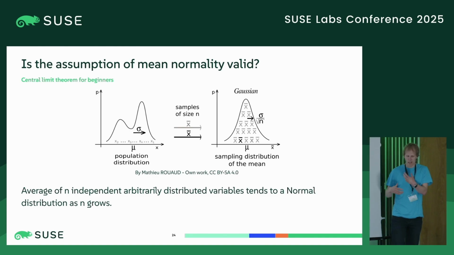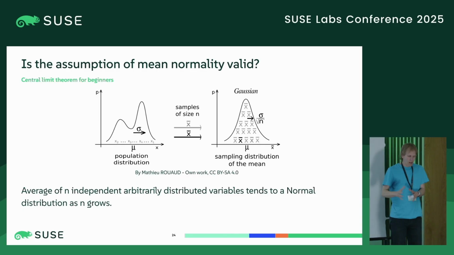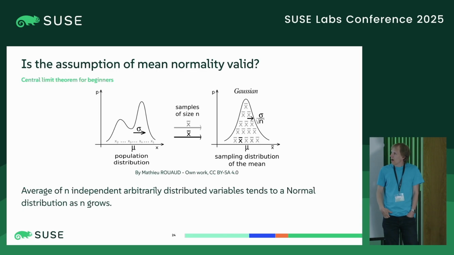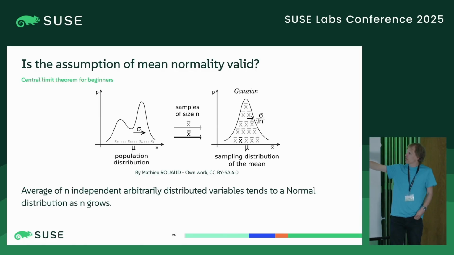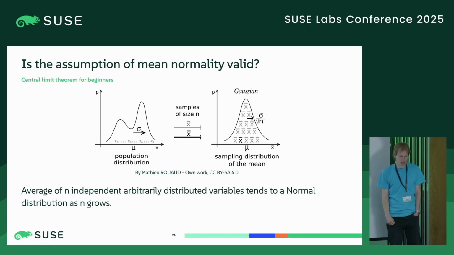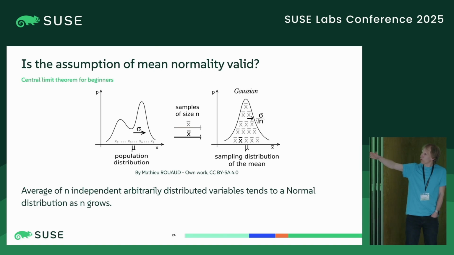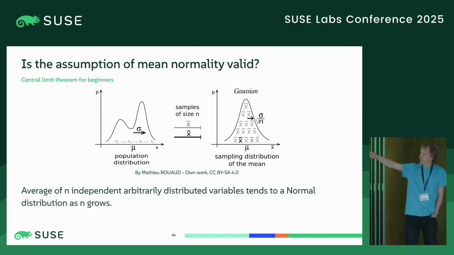It doesn't really depend on the distribution. The central limit theorem says that if you take enough samples and take their averages, then the distribution of the averages is going to follow the normal distribution with some parameters. So independent of the original distribution, if you take enough samples, then their averages should be following the normal distribution.